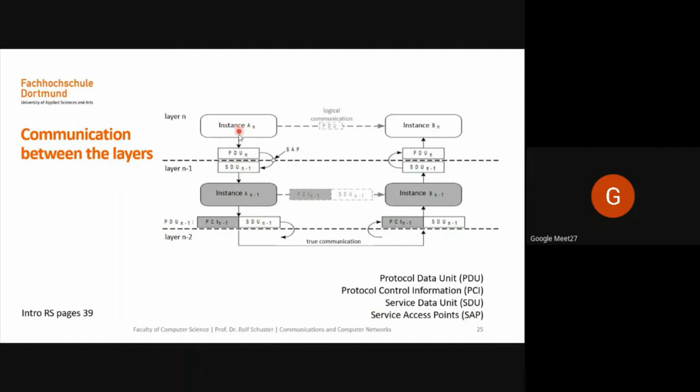And across that interface, the entity of the layer N gives the PDU, the protocol data unit, of the layer N to the entity of the layer N-1, and then for the entity N-1, the PDU that comes from the upper layer is called a service data unit.